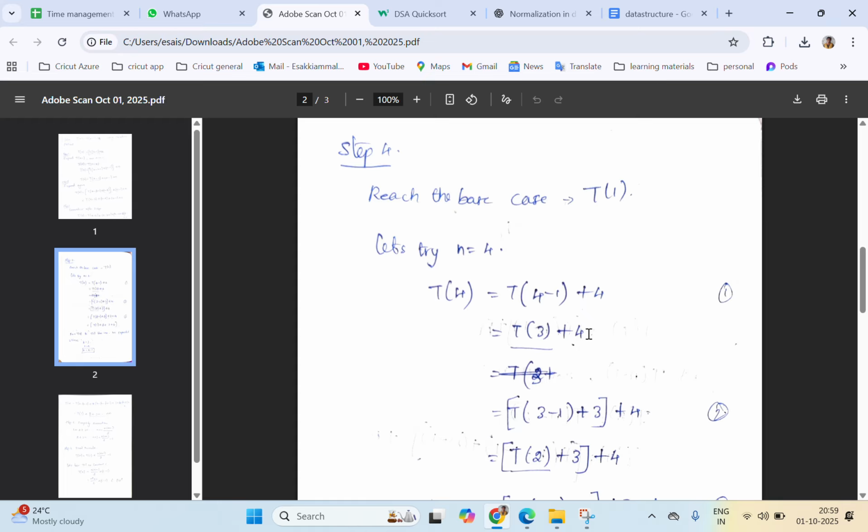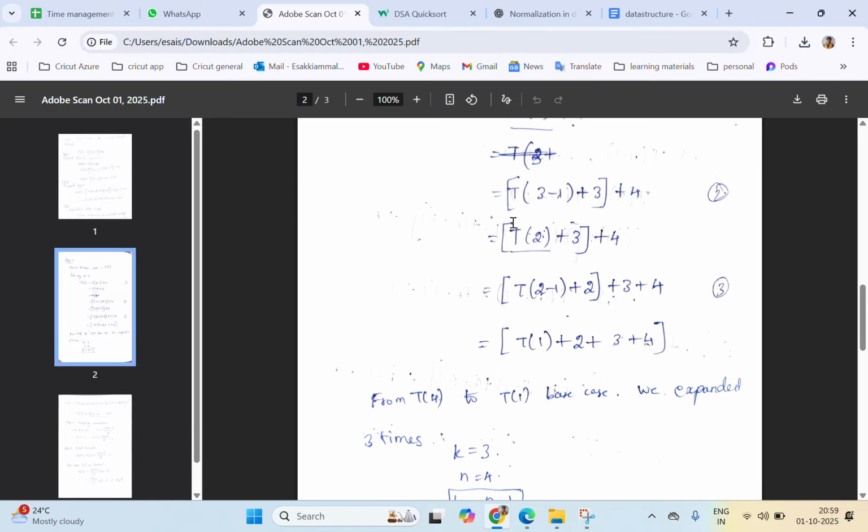Again for T(2), we get T(1) plus 2 plus 3 plus 4.